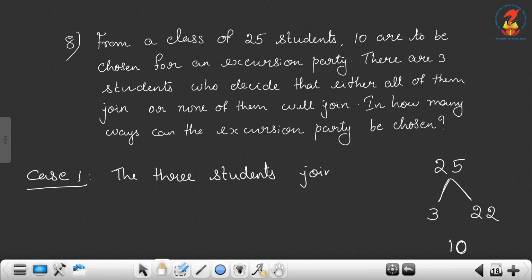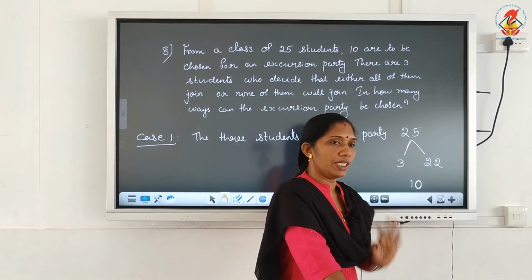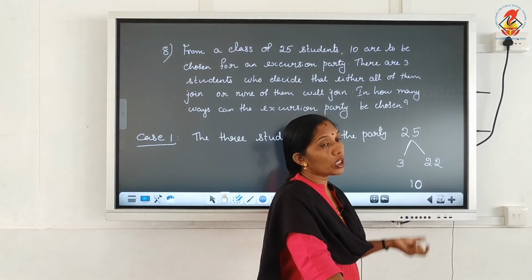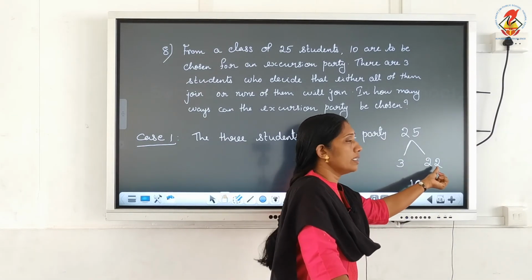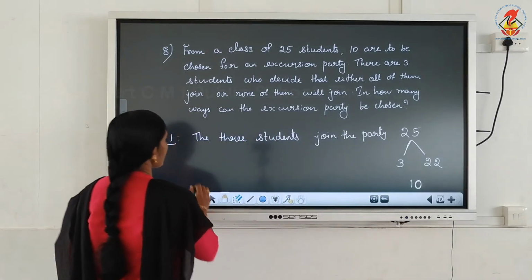So these 3 join the party. In total we need 10. So already 3 have joined the party. Then how many more do we need? We need 7 more. Those 7 from the 22 students. So selecting 7.